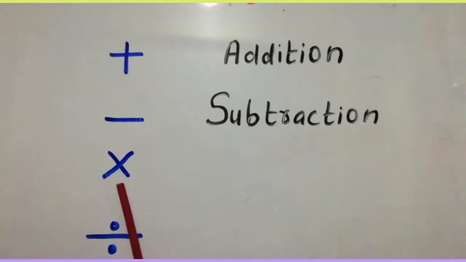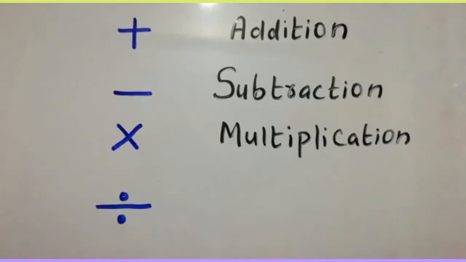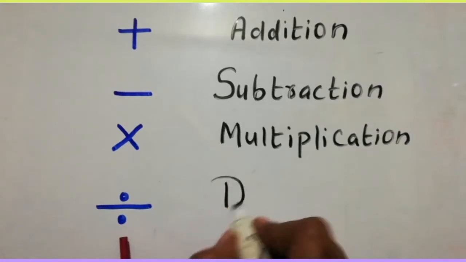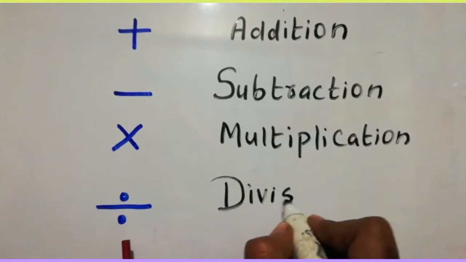When you want to take the product of numbers, you use multiplication. And the last operation which you used is the division. That is when you want to divide one number by another number, or when you want to distribute something among a number of people, or when you want to share something or distribute, you use the sign of division. So these are the operations which we have studied.